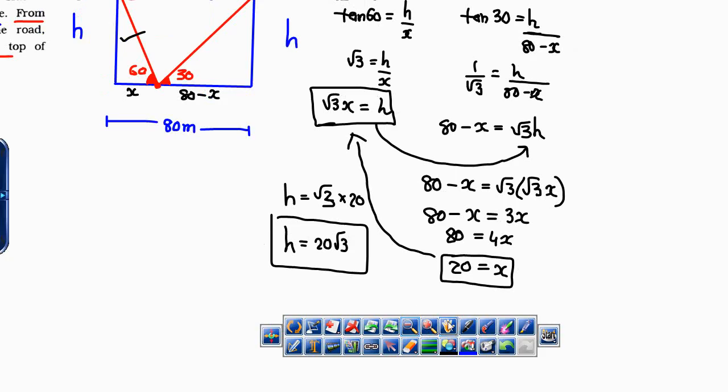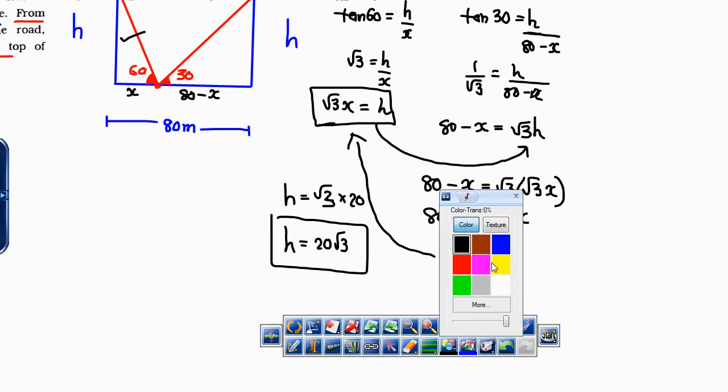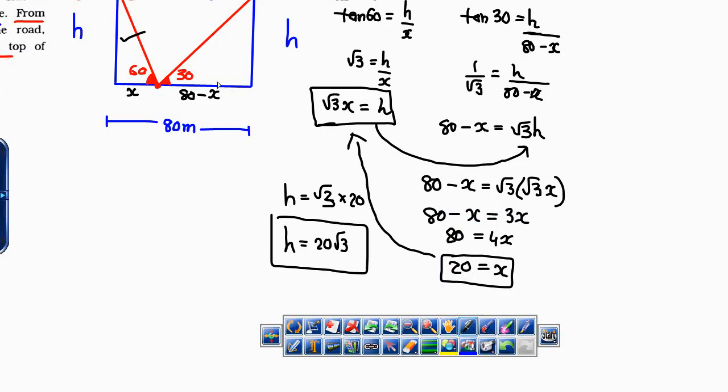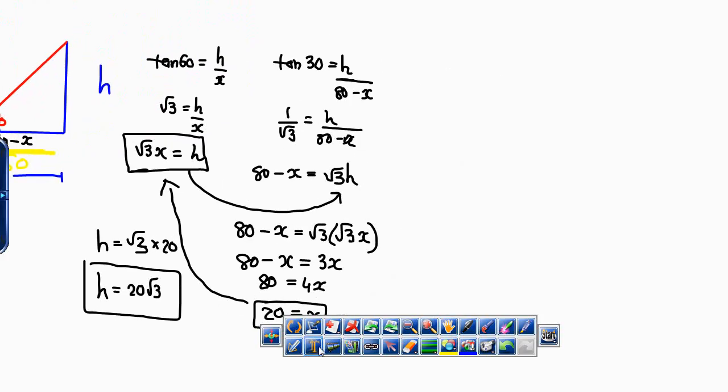But if you carefully see, there are two distances. The point is at a distance of x and 80 minus x from both the poles. So the distance on this side is 20, on the other side is 60. Therefore the final answer will come in 3 sentences.